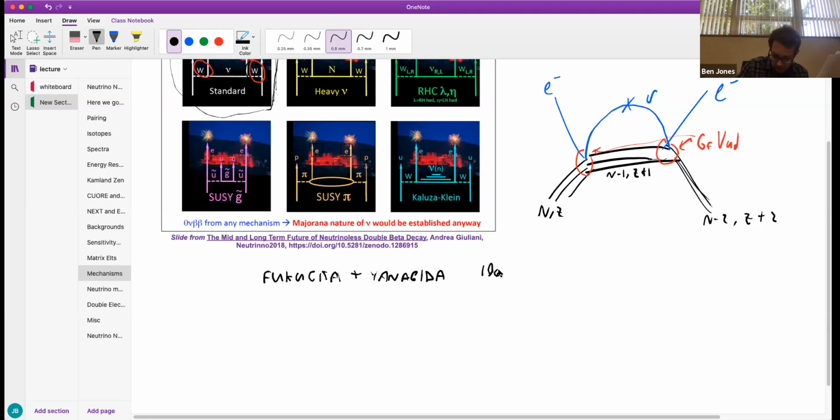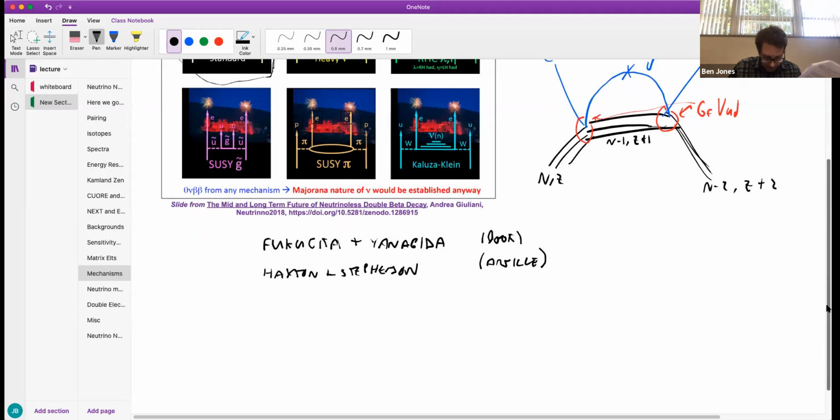And then there's an article by Haxton and Stephenson. In the lecture notes, you can find the references to these and you can fill in the mathematical and formal gaps that I'm going to leave here.